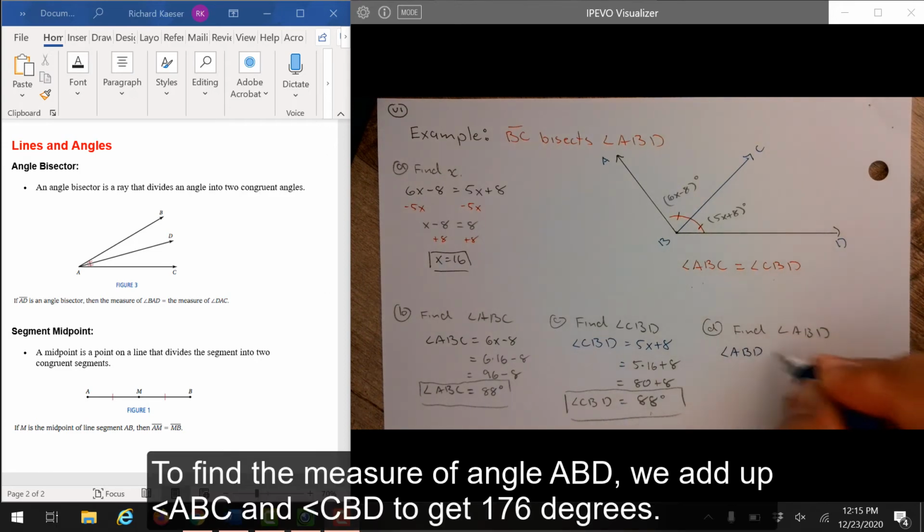To find the measure of angle ABD, we add up ABC and angle CBD to get 176 degrees.